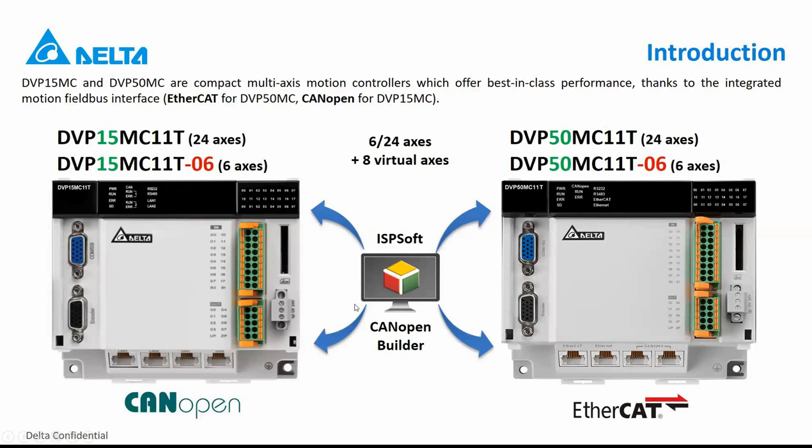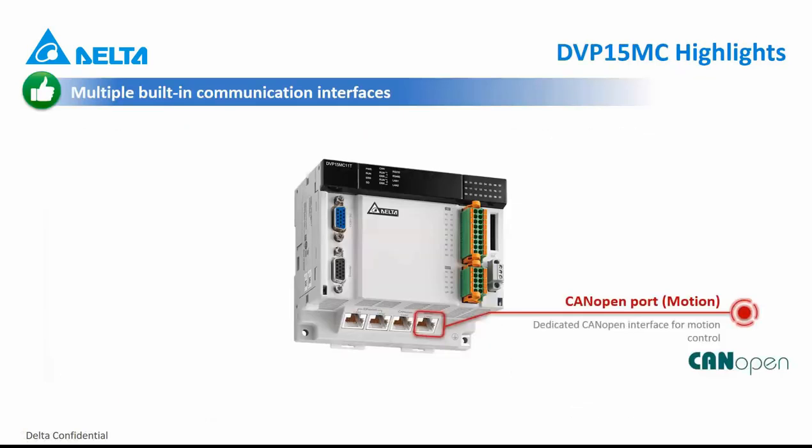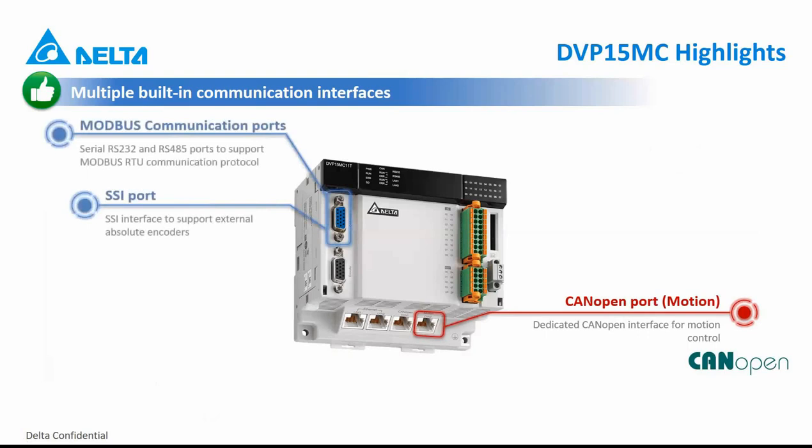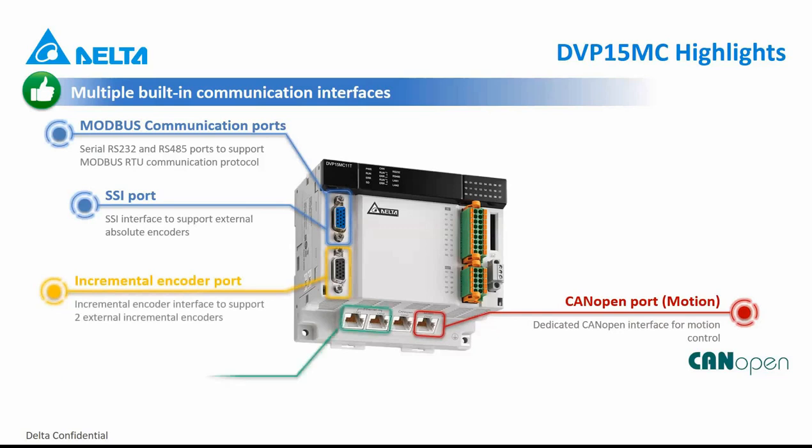It can be programmed by ISPSoft or CANopen Builder. Both can be used to program. Let's see the DVP15MC. At the bottom, you can see there is a CANopen port for motion, and there is an SSI port and a Modbus communication port, and there is a port for incremental encoder.